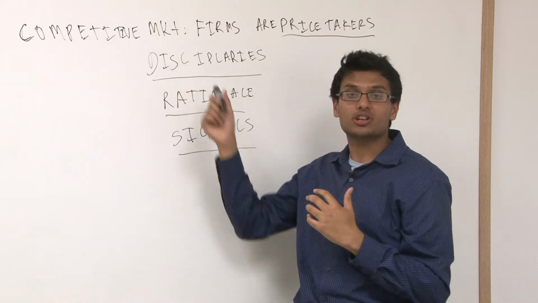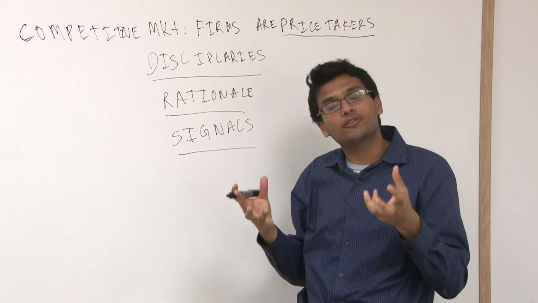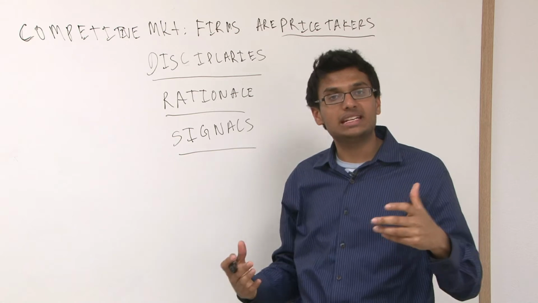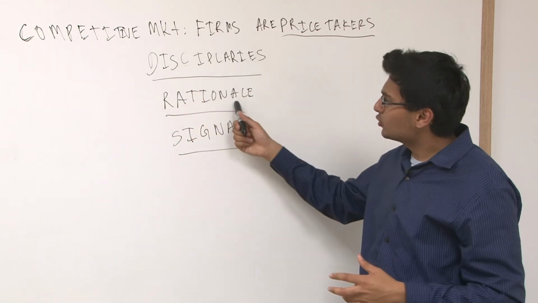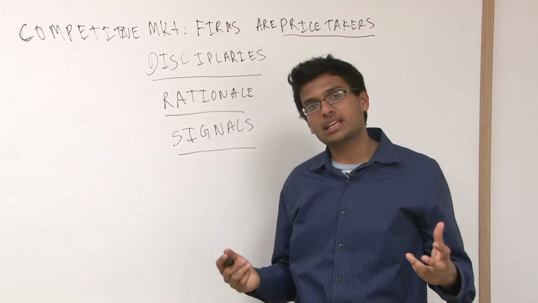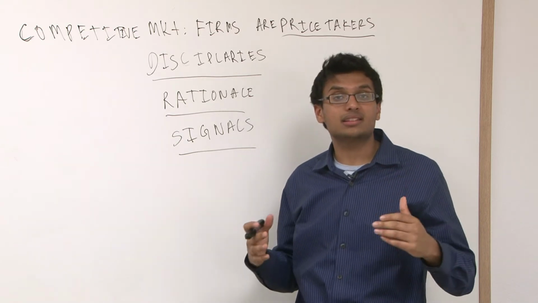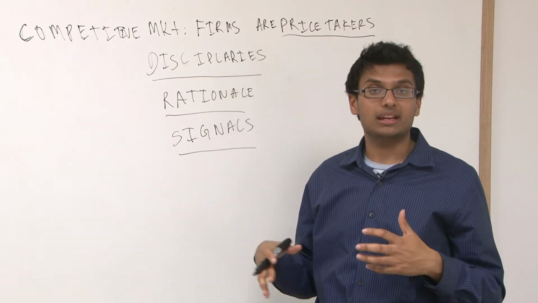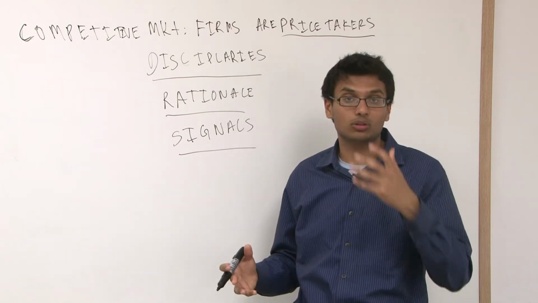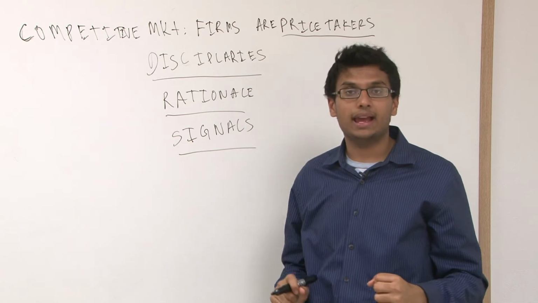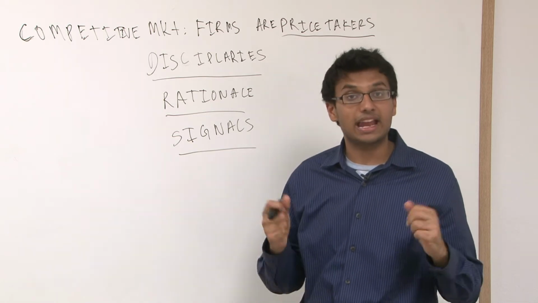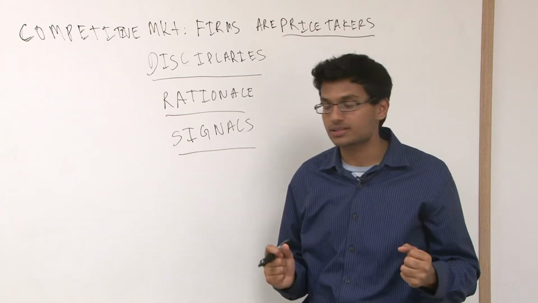It's about how all the firms are forced to meet at the equilibrium price, okay? That's disciplinaries. The rationale is that, say for example, the price is higher than the equilibrium price. In our example, the price in equilibrium was $5, and say for some reason it's $8, which is higher than the equilibrium price.